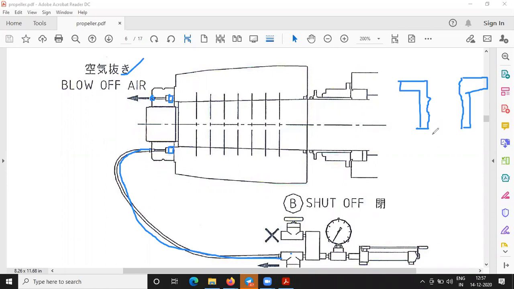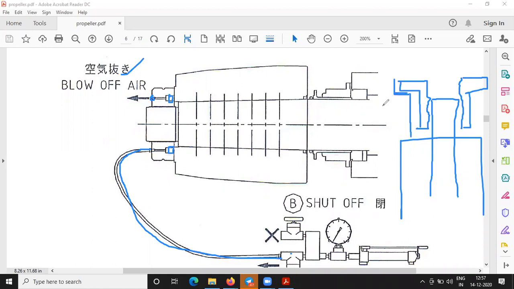Okay, the stud, this is the stud, this is the top of the stud. And we'll have one oil chamber. Okay, we'll start giving the oil pressure.